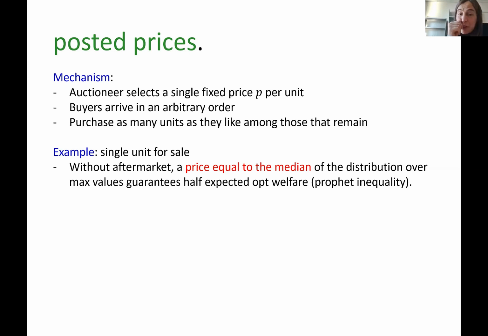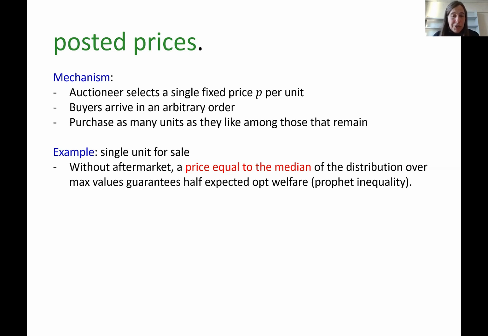Without an aftermarket, this is basically the famous prophet inequality problem. Let's say that there's just a single unit for sale. Everybody has some value for this single unit, and these values are drawn from some distribution. Each buyer has a distribution F sub i for their value for this single unit.